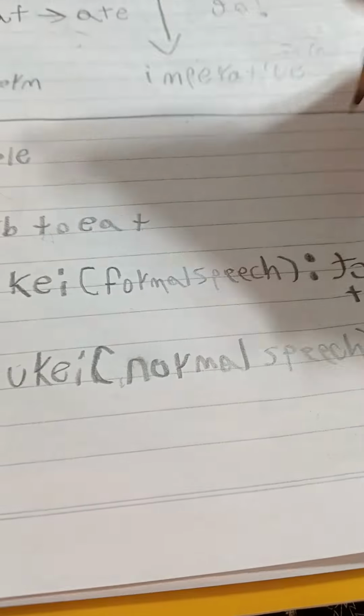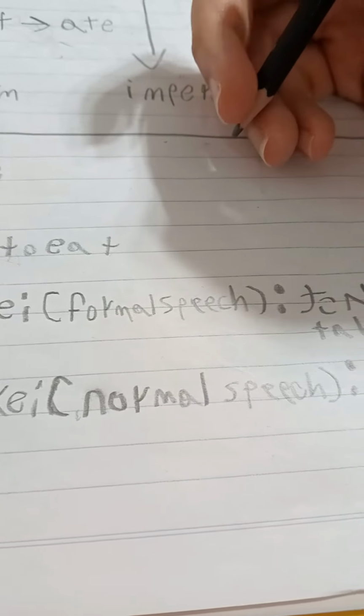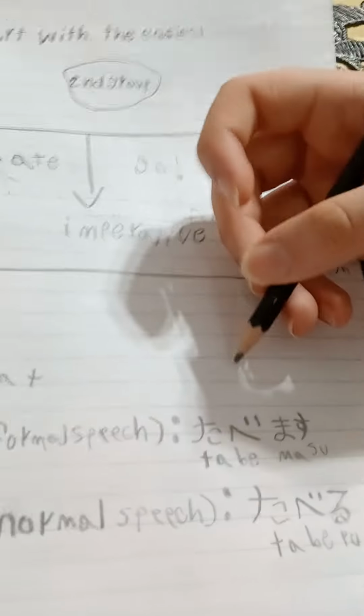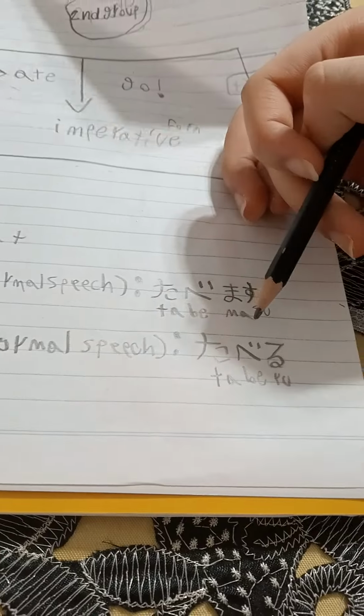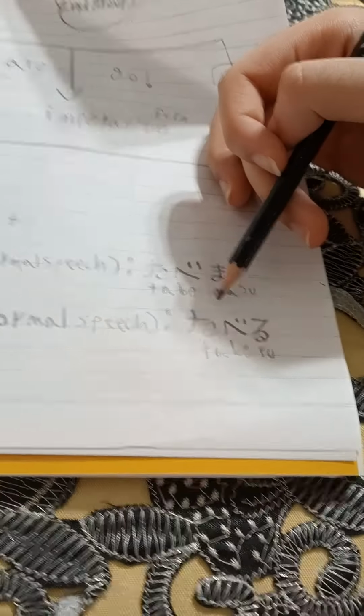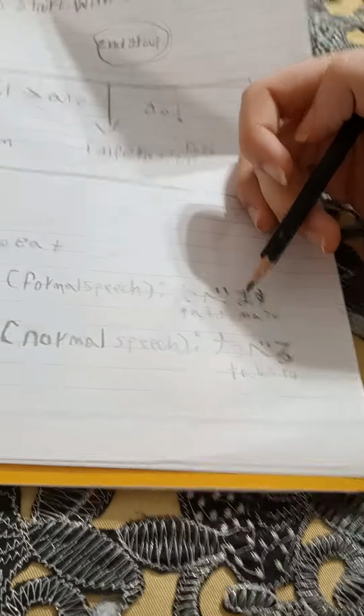So the verb to eat in the formal speech is tabemasu, and the verb to eat in the normal speech would be taberu.